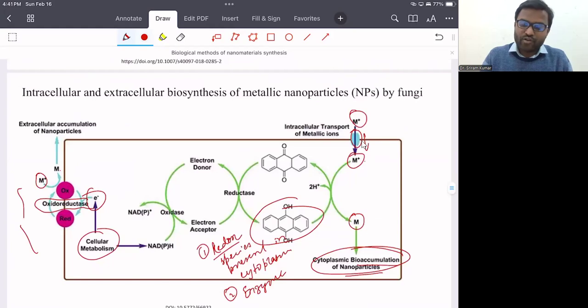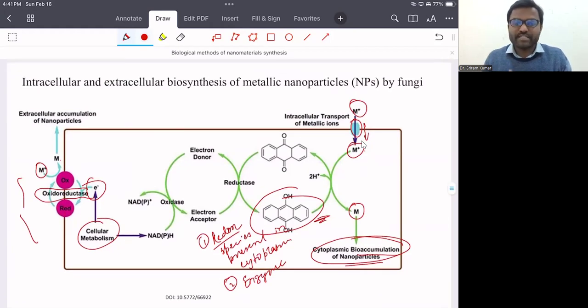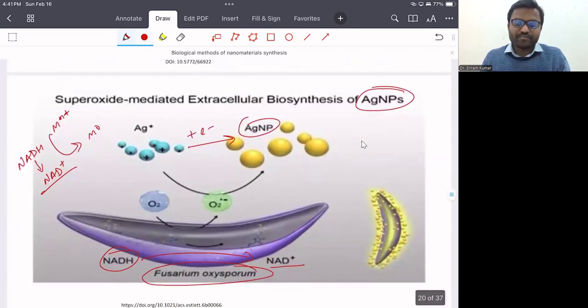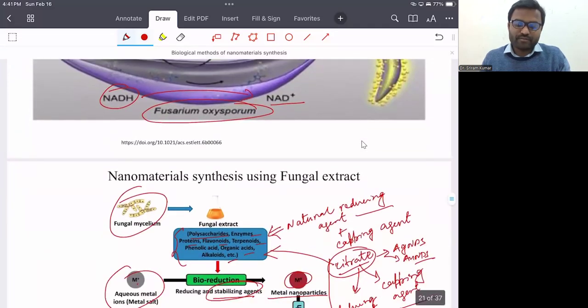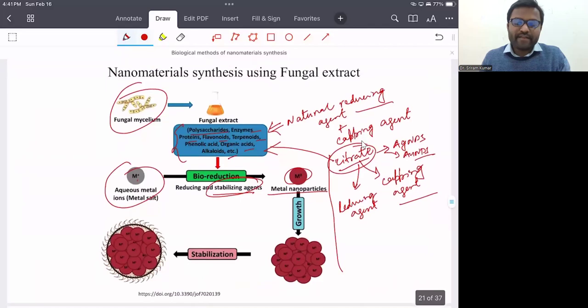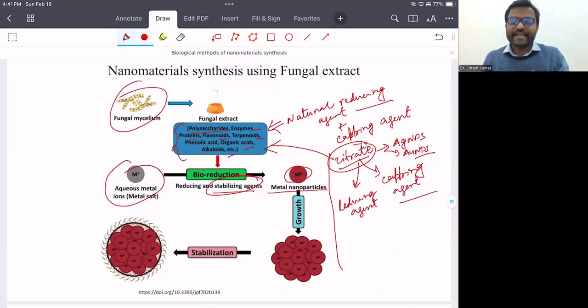Inside the cytoplasm, because of the redox species and the enzymes, there are some complex reactions, and based on that we get nanomaterial synthesis from M plus to M. We also understood this with the example of Fusarium oxysporum fungus.